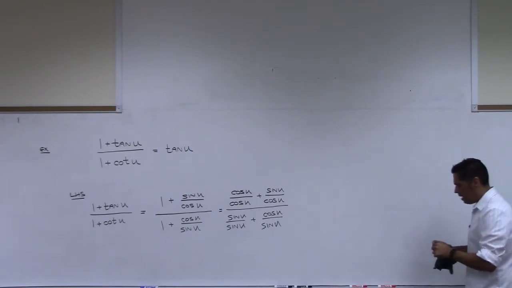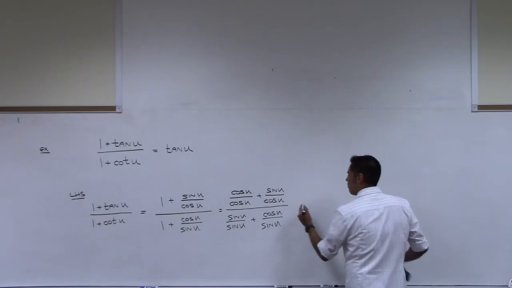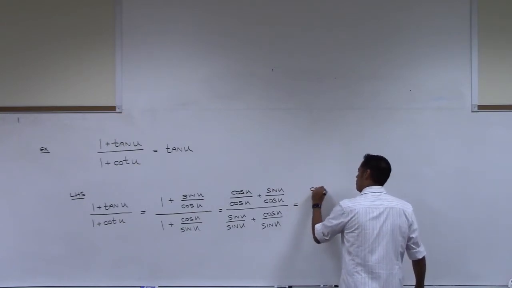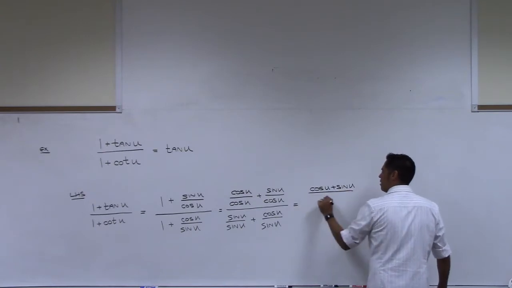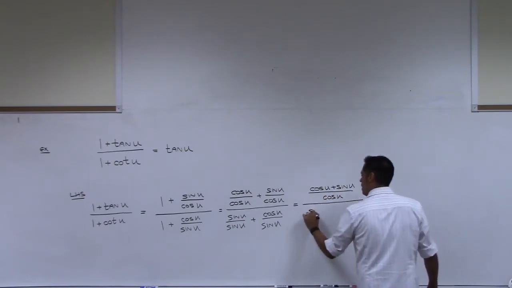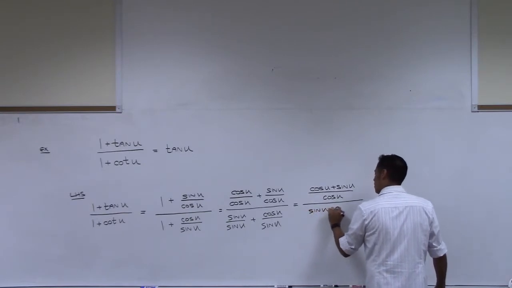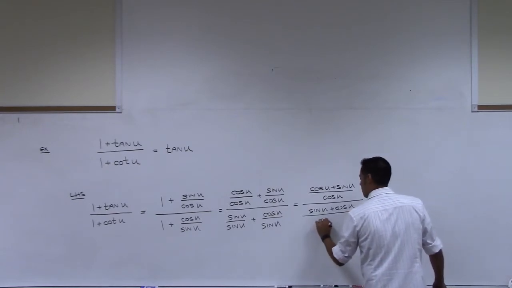Okay, let's put the tops together. When we do the top together, we're going to have cosine u plus sine u over cosine u. And on the bottom, we're going to have sine u plus cosine u over sine u.